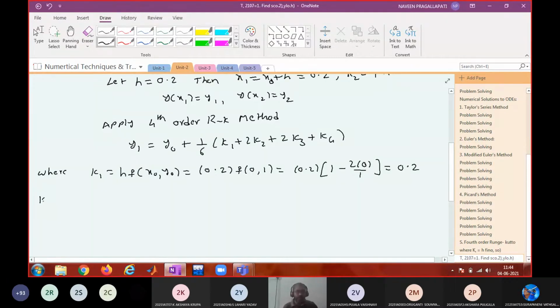Similarly, find out k2. k2 is h into f of x naught plus h by 2 comma y naught plus k1 by 2. So this is h into f of 0 plus 0.2 by 2 comma y naught is 1 plus k1 by 2, which is 0.2 by 2.